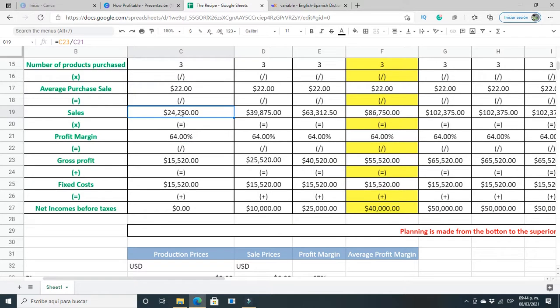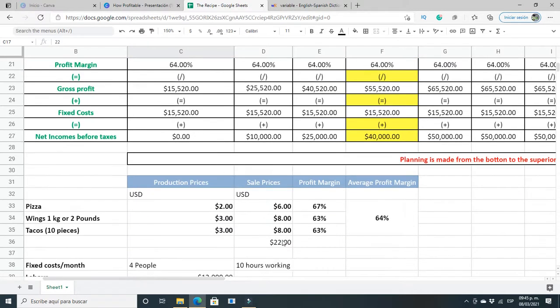Simple, isn't it? And then comes the average purchase sales. Well, when you are going to start working, you are going to realize the quantity of the purchase sales per order. When you receive a notification or something related, you're going to realize.